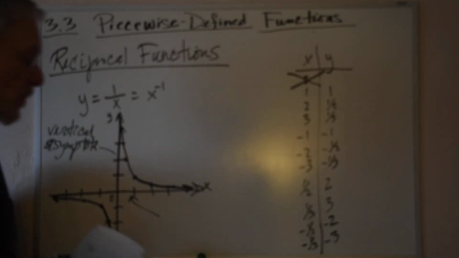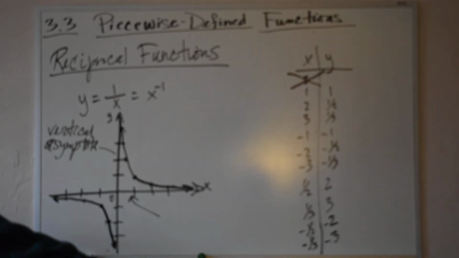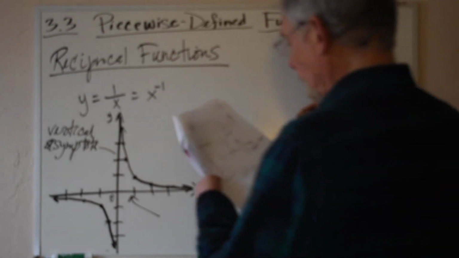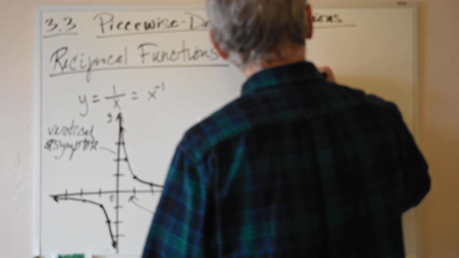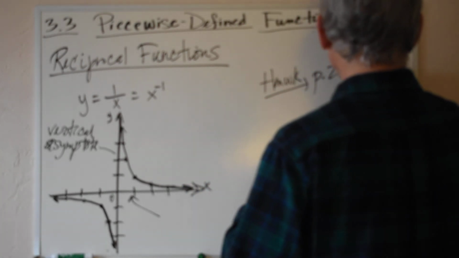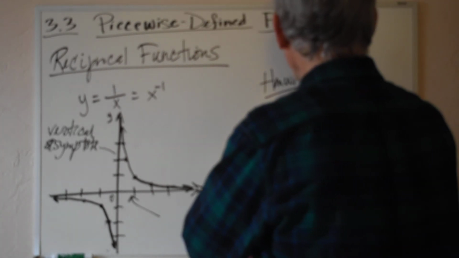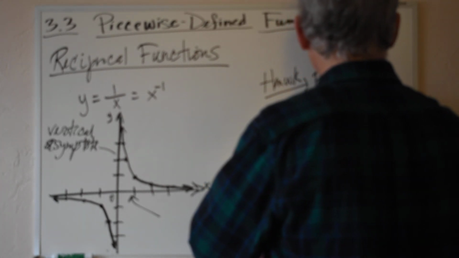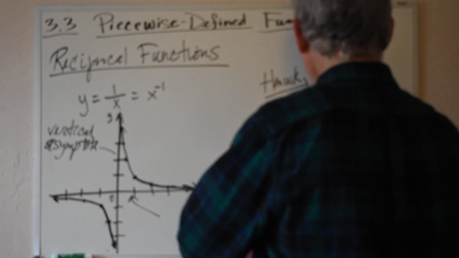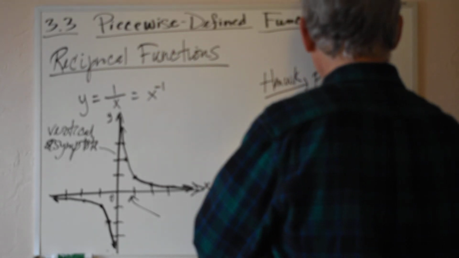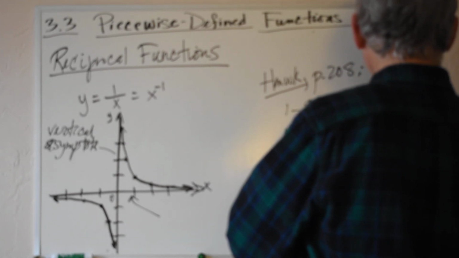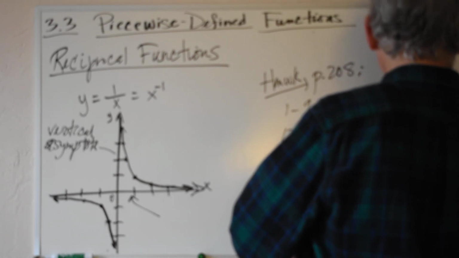Okay, for homework. On page 208, 1 through 9, odd, 13, 19, 21, 25, 35, 37.